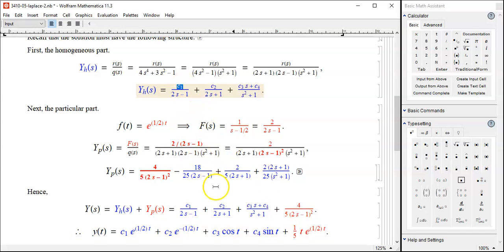Because this C1 ate up this coefficient, so C1 minus 18/25 should be over here. And then upon taking the Laplace inversion, because of this 2, you have to divide by 2. So this C1 and that C1 are actually all different. Same goes for C2s and C3s and so on.